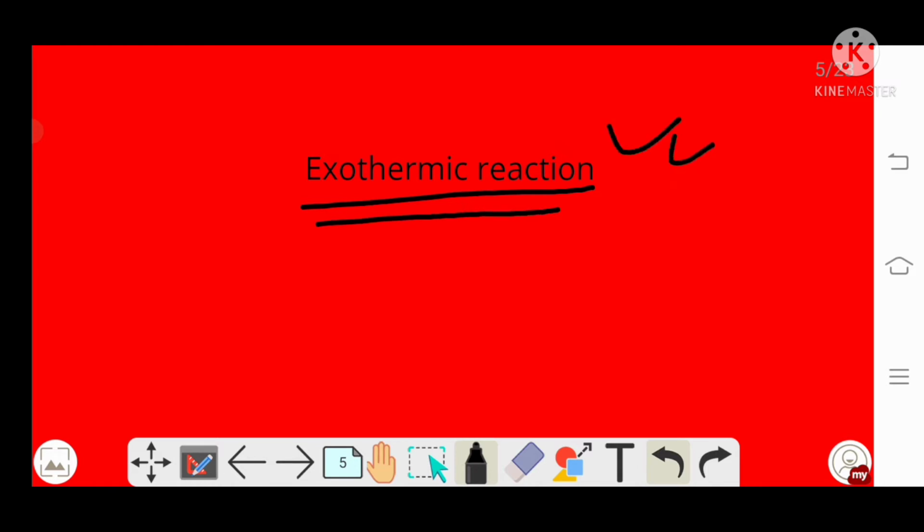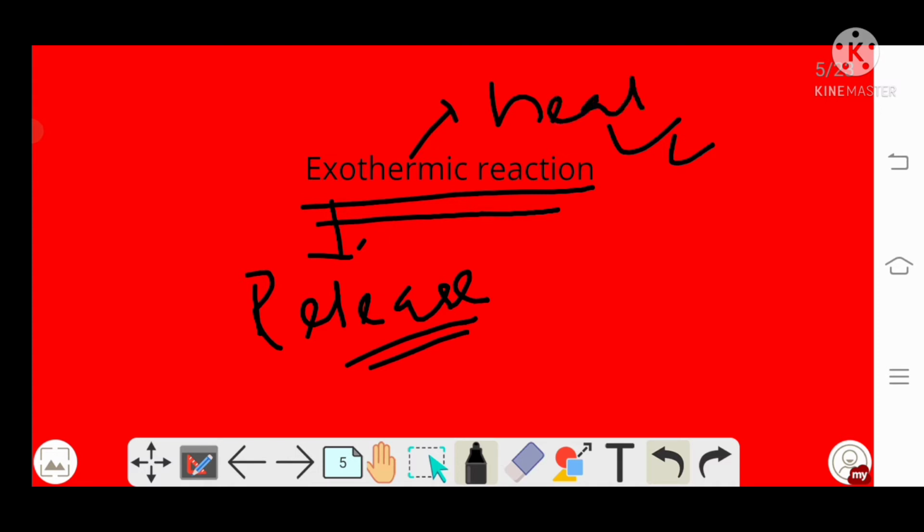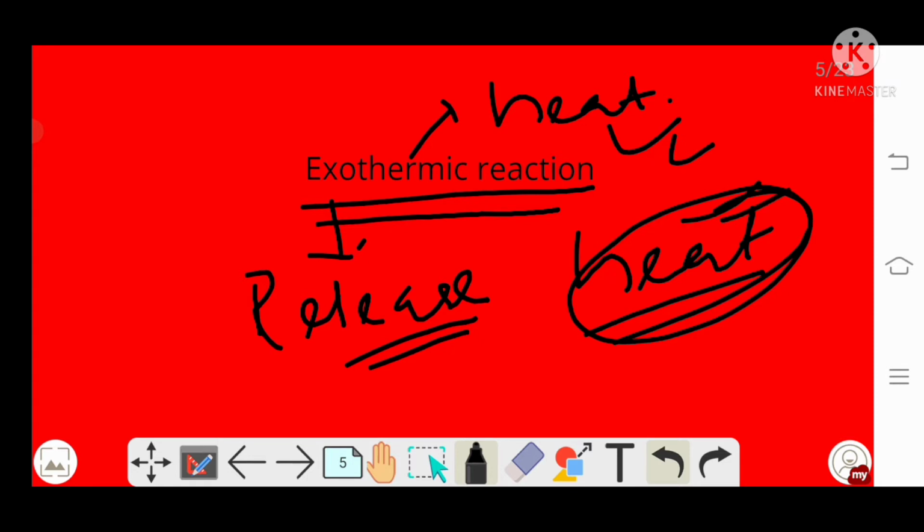Exo means release, thermic means heat. The reaction in which heat is released with the formation of product is called an exothermic reaction.